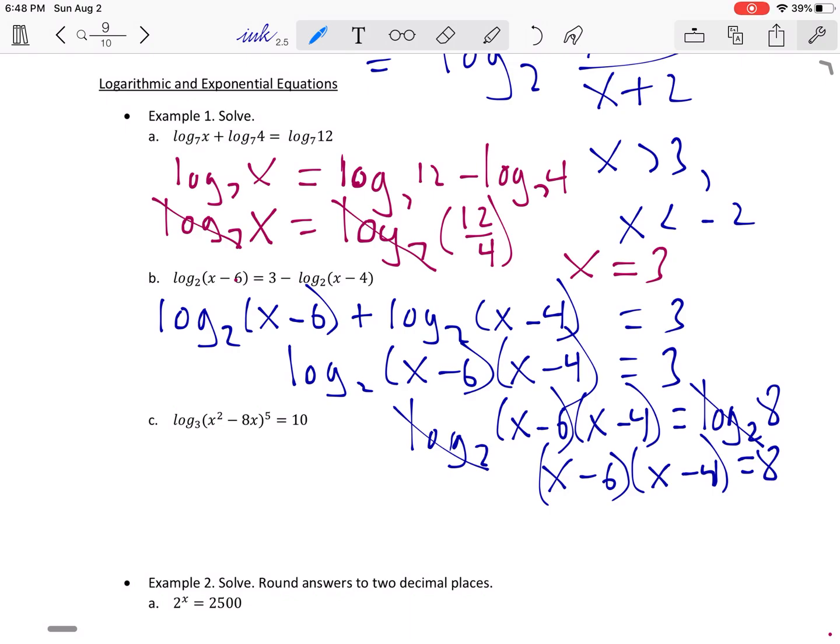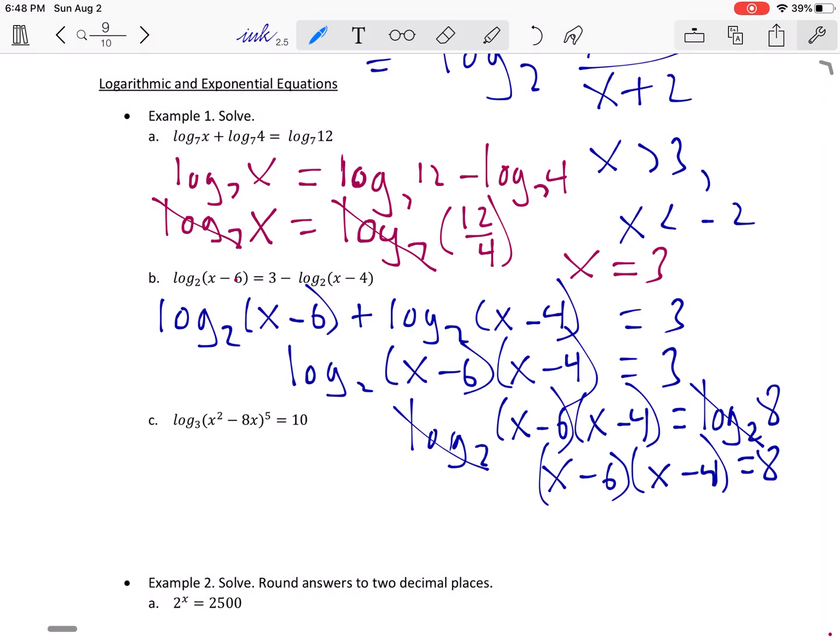Now I can solve that. I'm going to have to multiply that all out and move the 8 to the other side.